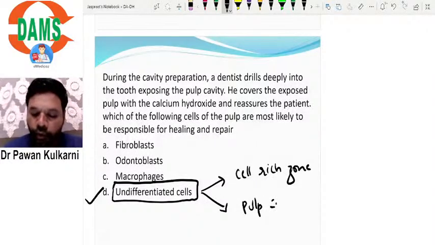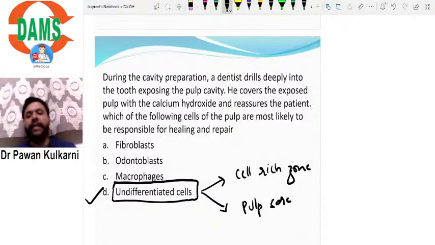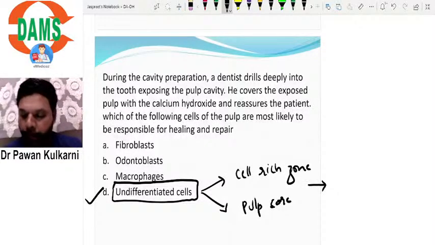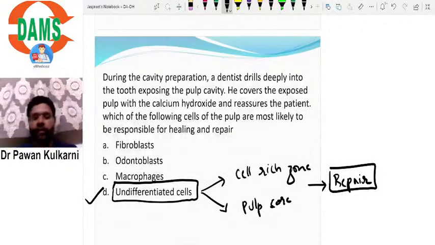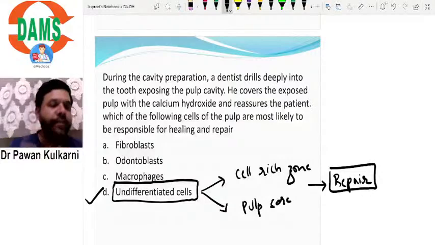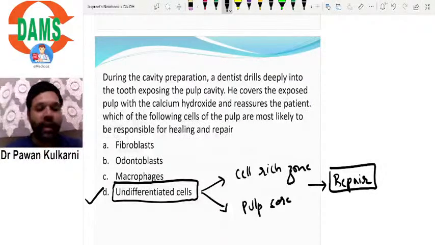In both of these areas you will see these undifferentiated mesenchymal cells. These cells are responsible for repair. Whatever repair occurs is because of these cells. So we have to remember where these cells are concentrated and what their main function is.